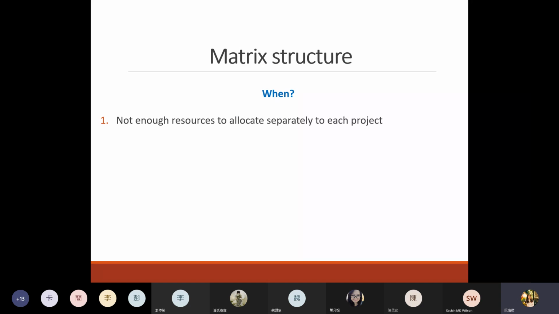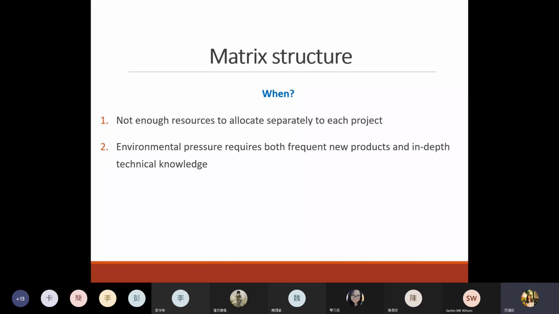And we need that, firstly, when we don't have enough resources to allocate separately for each project. So we have to utilize what we have in each department, for example, R&D or marketing, and then we assign different members of each department to work on different projects.